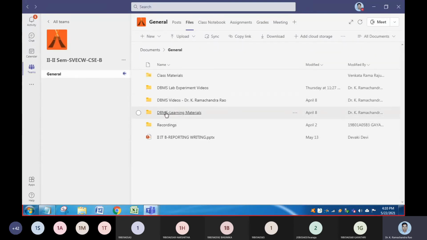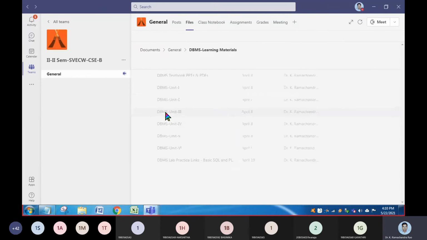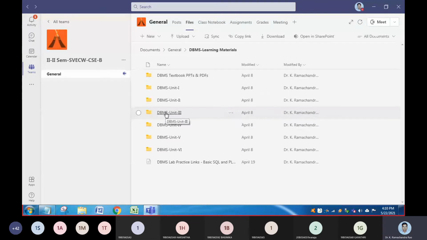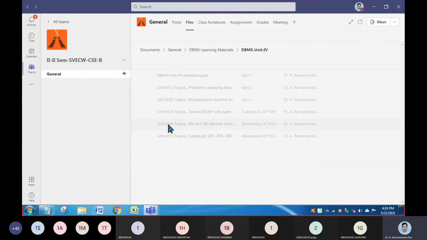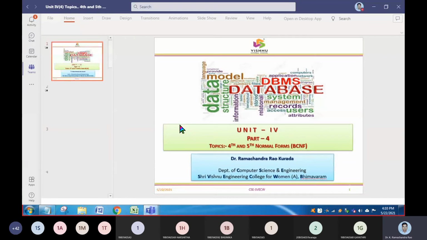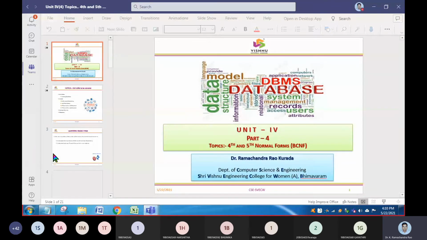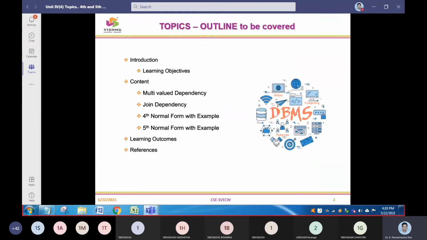So we will talk briefly about the fourth and fifth normal forms. As we discussed much on the first, second, and third normal forms, let us look into the fourth and fifth normal forms quickly. And what were the takeaways from the fourth and fifth? That will be the most interesting part here.